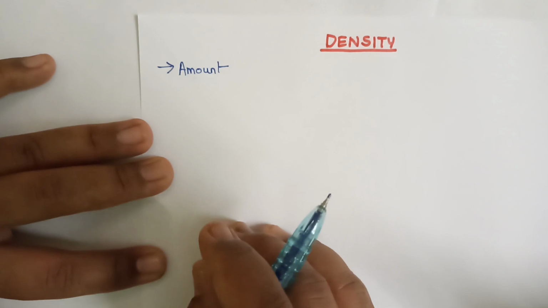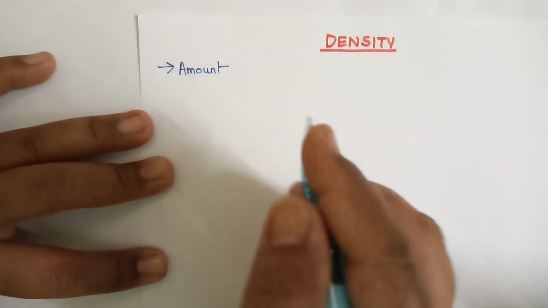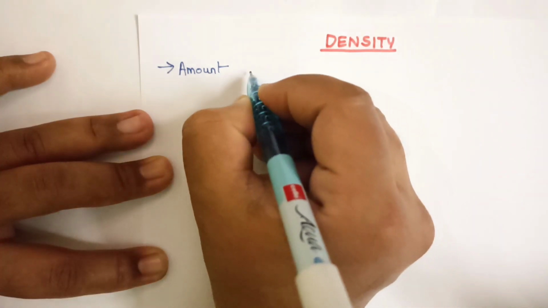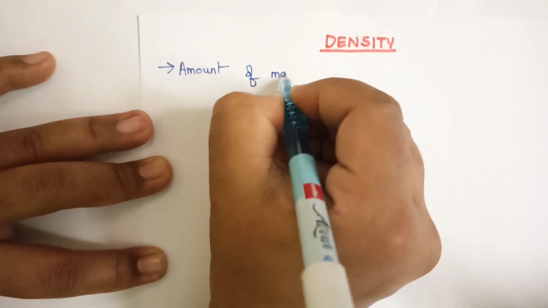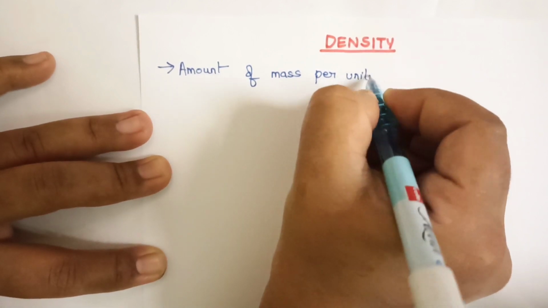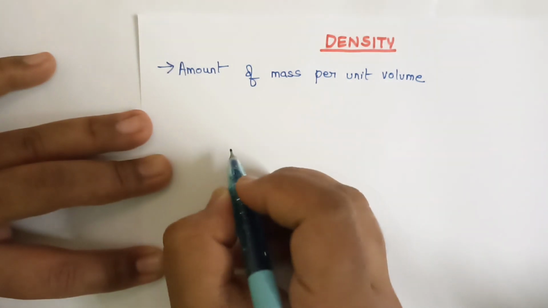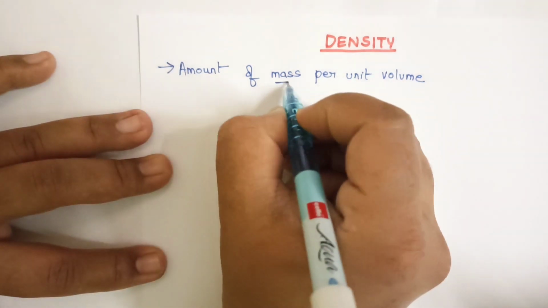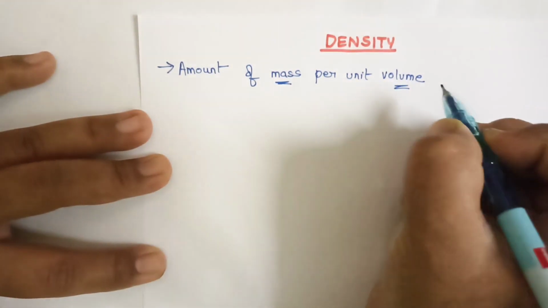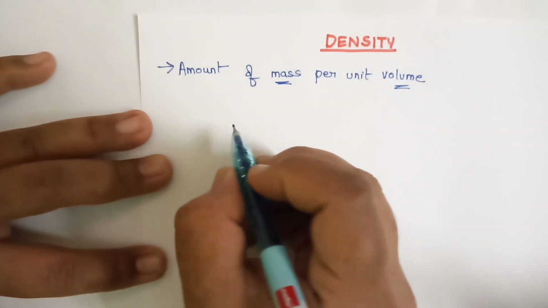Okay. Now coming to the next topic, that is density. What is meant by density? Density is the amount of mass per unit volume. It relates the two properties, mass and volume, which we have discussed.